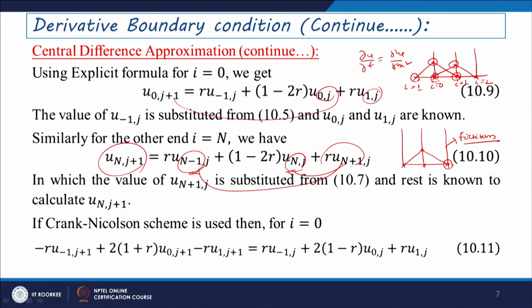And if the Crank-Nicolson scheme is used, then for i equals 0, we can consider this as -r u_(-1)^(j+1) + 2(1 + r) u_0^(j+1) - r u_1^(j+1) = r u_(-1)^j + 2(1 - r) u_0^j + r u_1^j.